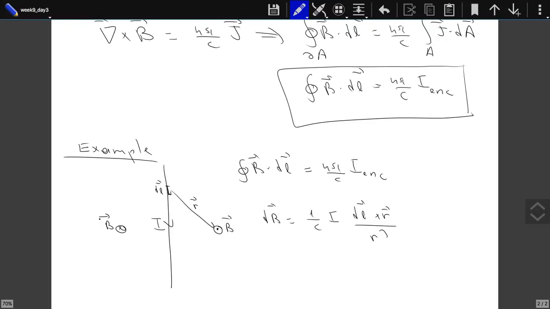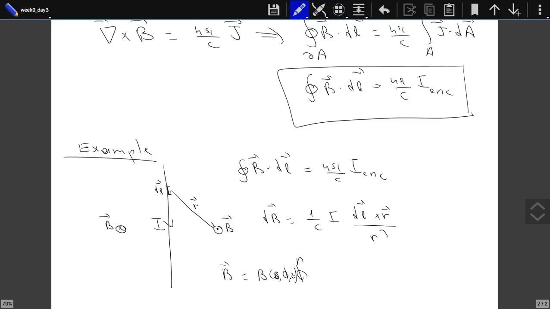Now, another thing is that our problem has rotational symmetry. If you rotate our system around this wire, nothing changes. The same should be true for the magnetic induction. So we already know that the magnetic induction is in the direction of, let's say, phi hat. The magnitude, in principle, can depend on phi, z, and s, with s being the distance from the wire.